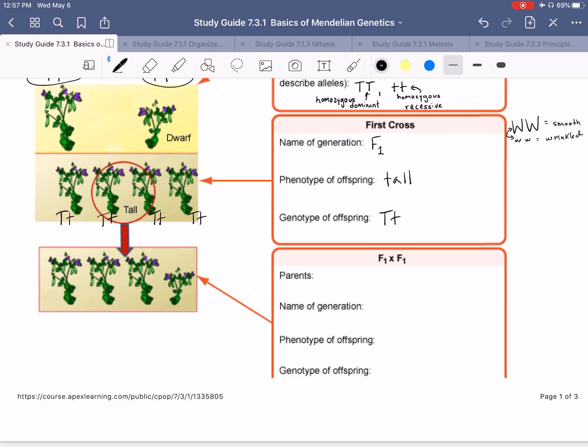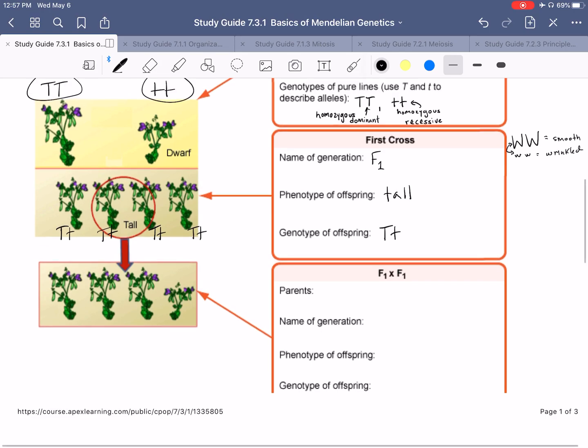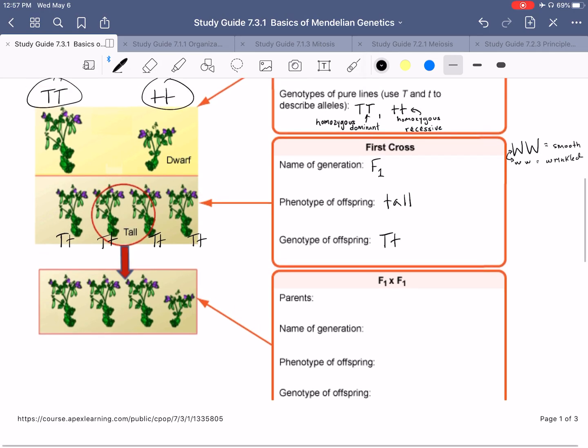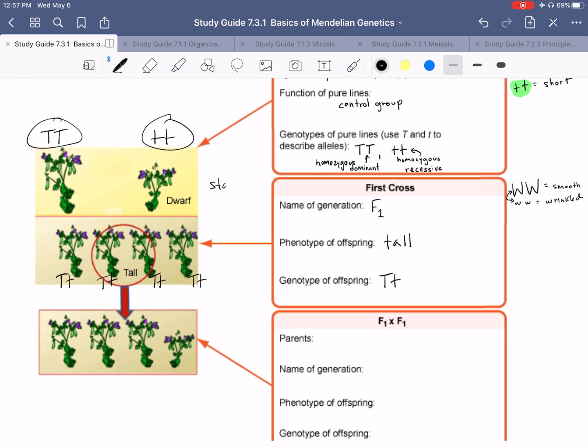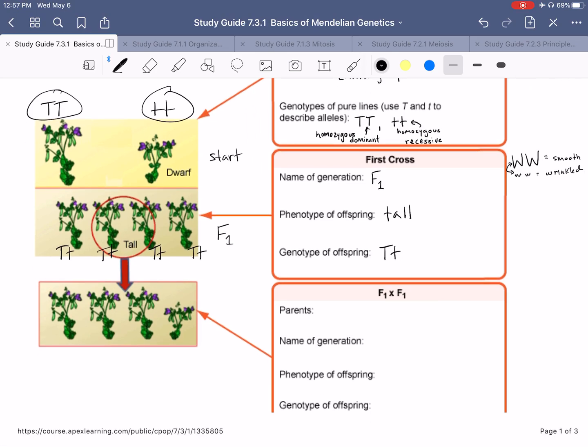So now we're on page 7. When the two F1 plants were crossed, the disappearing trait reappeared. So this was our parent generation, this was our F1 generation, and this would be our next generation.